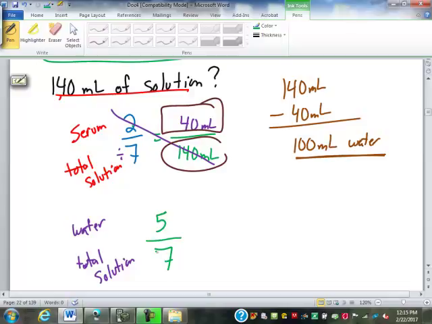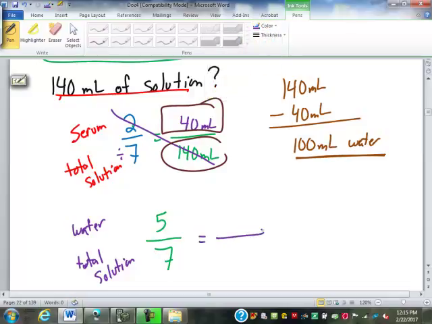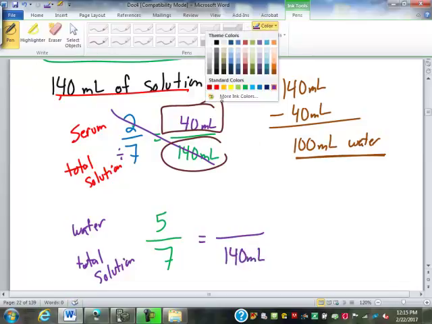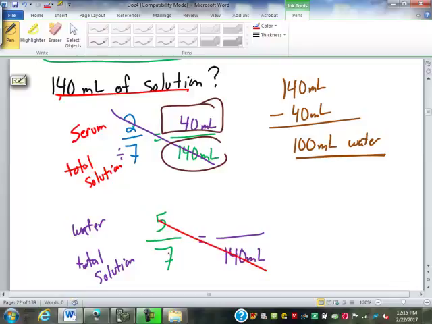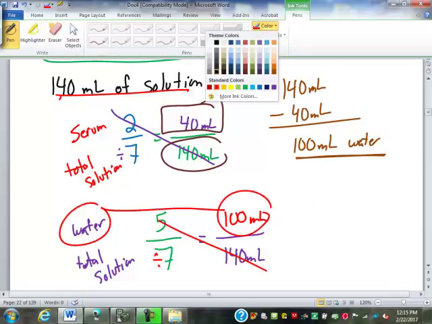The other 5 parts would have to be water. So now in our ratio, the 140 is still total solution. Now when we cross multiply and divide here, 5 times 140 divided by 7 is 100 milliliters. That is the amount of water that needs to be put into that solution.